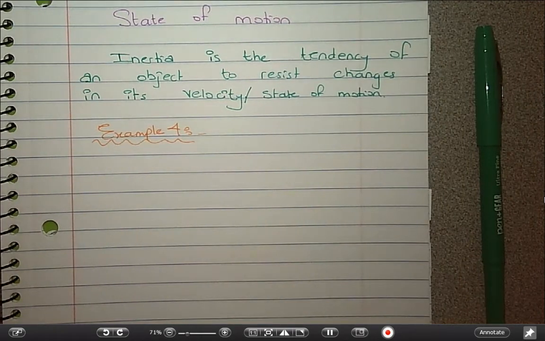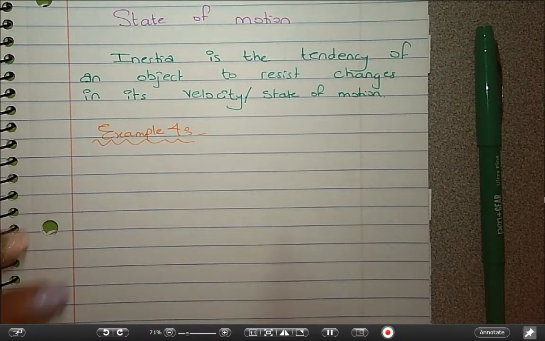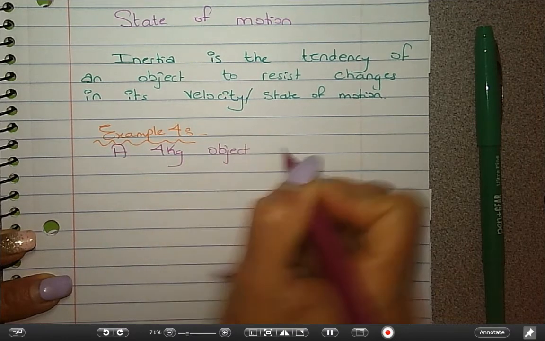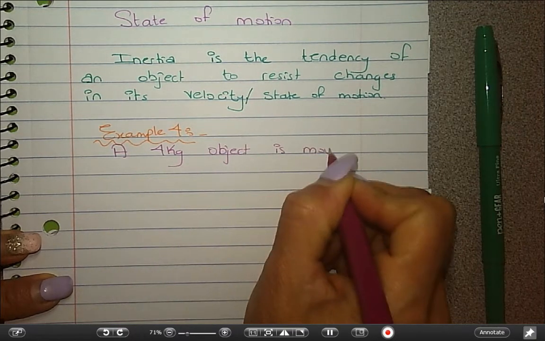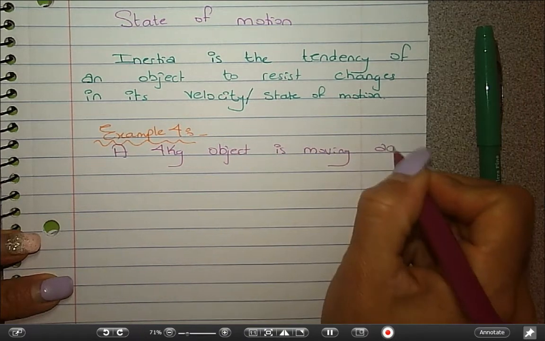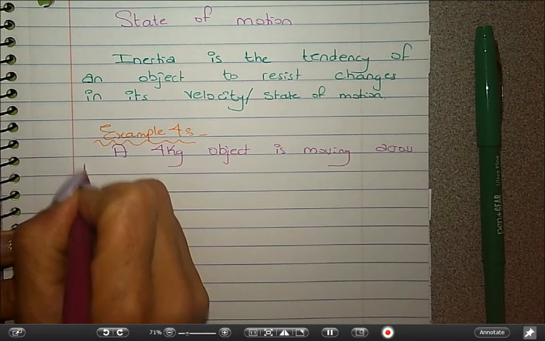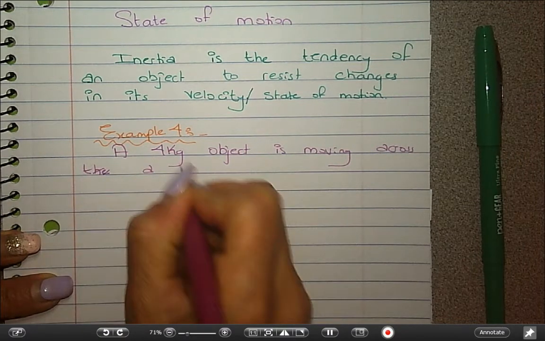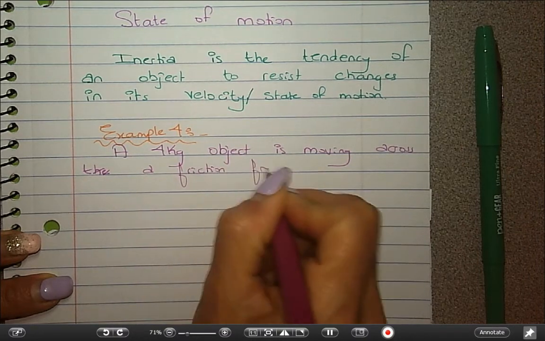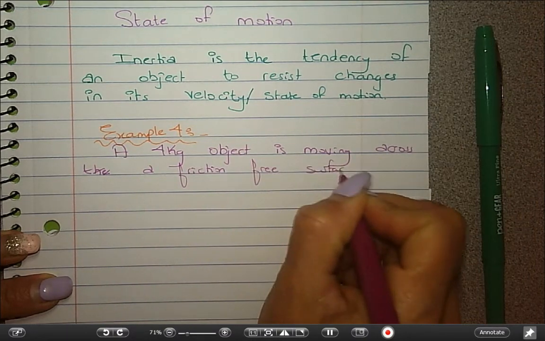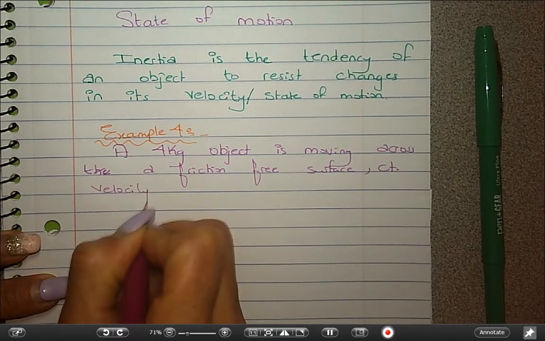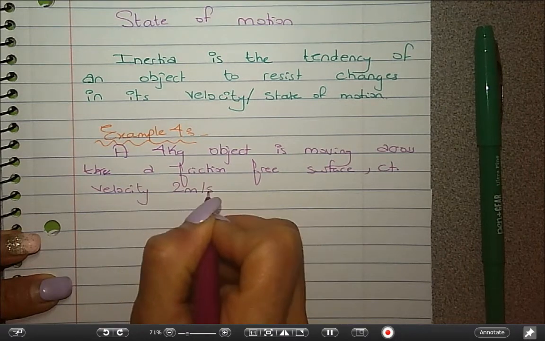For example 4, let's say I have a 4 kilogram object moving across a friction-free surface, and it has a constant velocity equal to 2 meters per second.